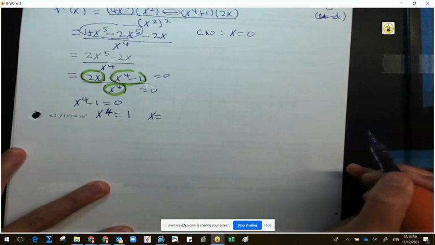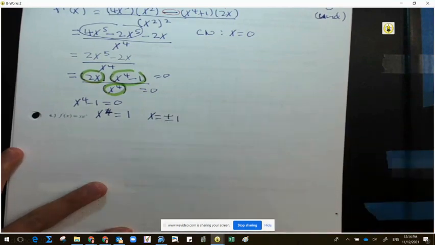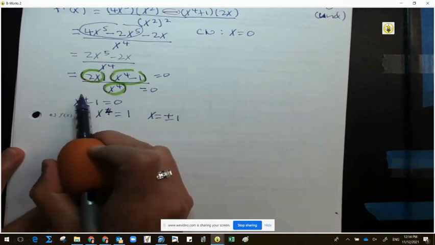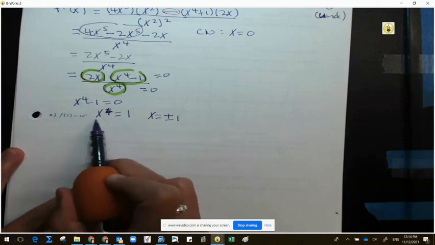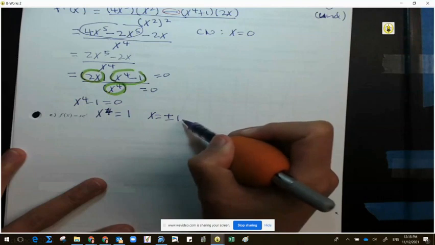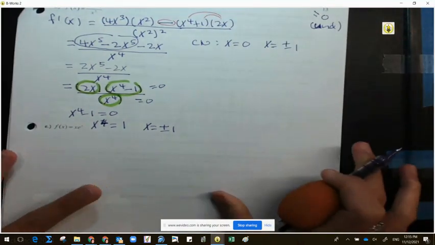When you square root something on both sides, don't you get positive or negative 1? Yep. So here's the bottom line. X to the power of any even number, when I do square root or 4th root or 6th root or any of that, it's always going to be plus or minus at all times. So let's fill it in. X equals plus or minus 1.